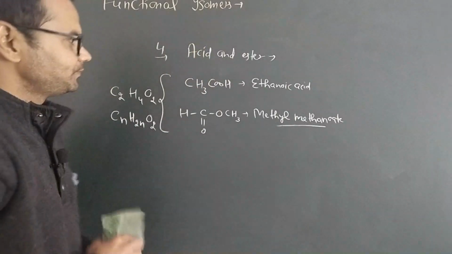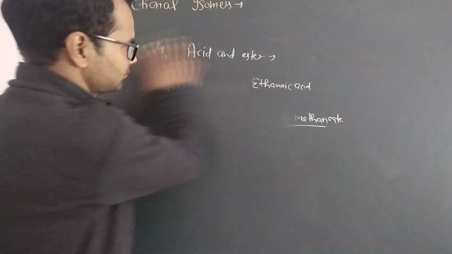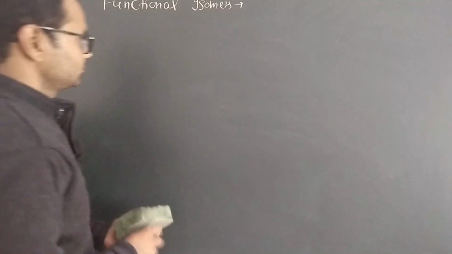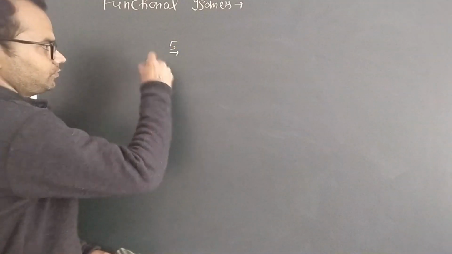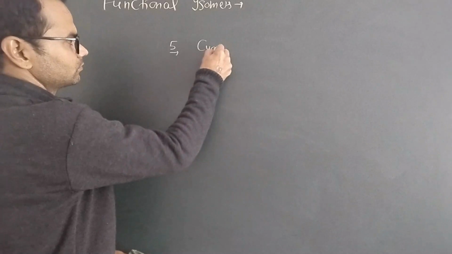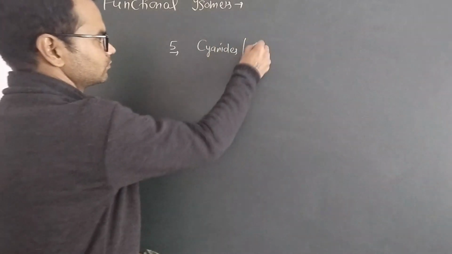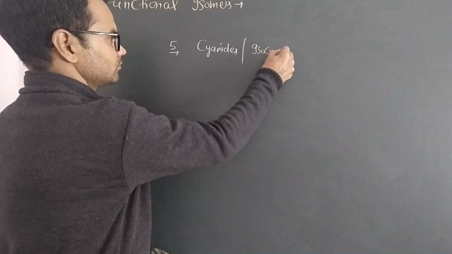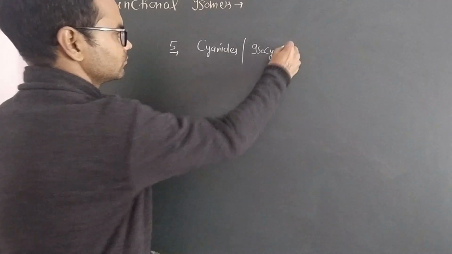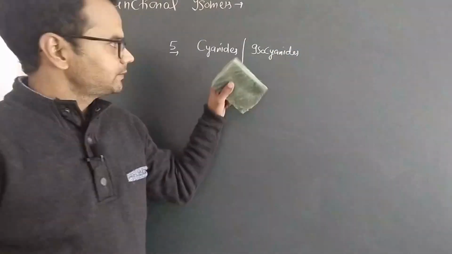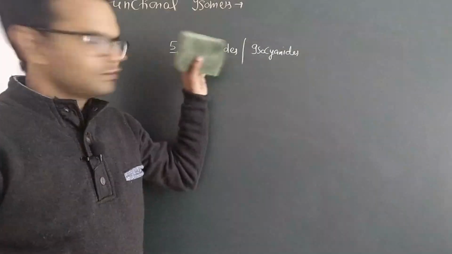Fifth is cyanides and isocyanides. They are also functional isomers.